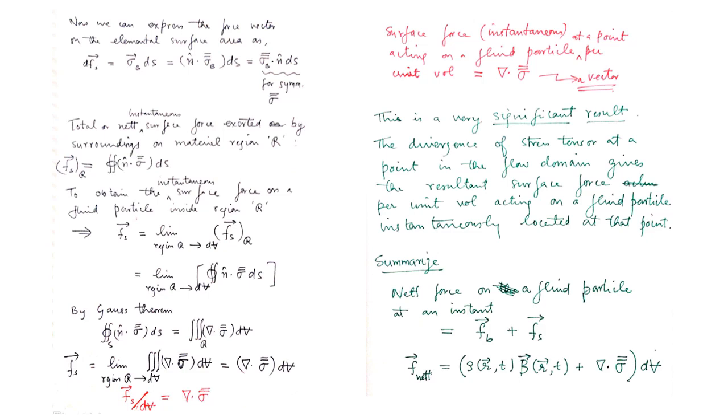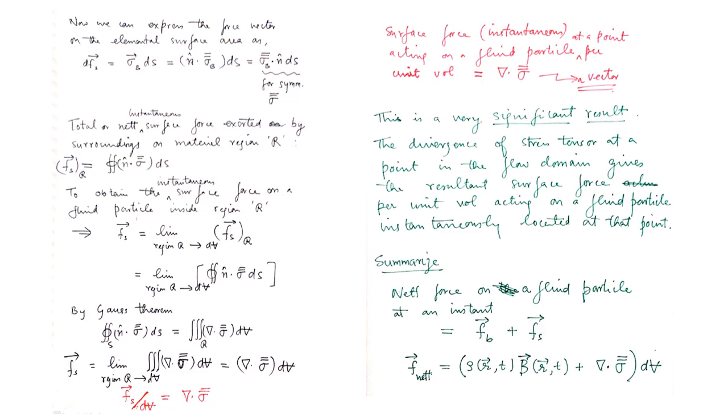Again, I will point out that this is a coordinate free expression because it doesn't apply to a specific coordinate system. In fact, no coordinate system was used in deriving this result, so it is a general expression that applies to any coordinate system, and you can use it to express quite generally the force acting on any fluid particle.